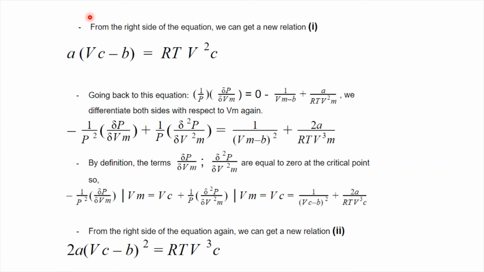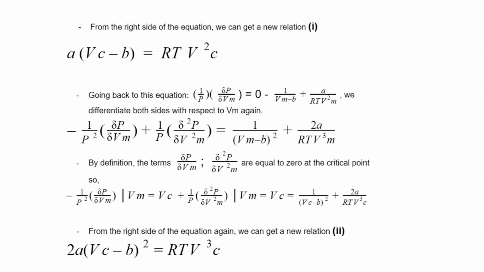So, at the critical volume, the term ∂P/∂Vm is equal to 0. So, we have 1 over P times ∂P/∂Vm at the critical volume is equal to negative 1 over Vc minus b plus a all over RT Vc squared.